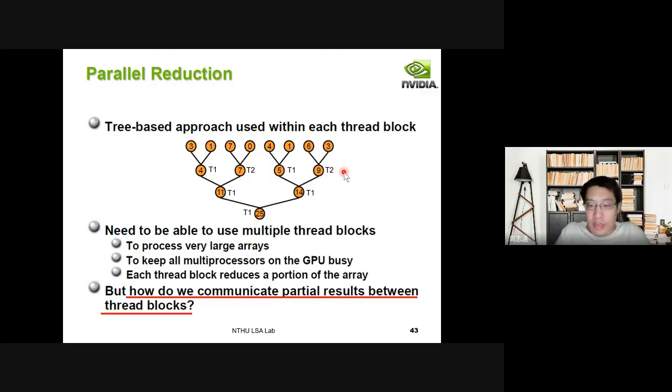And this, unfortunately, may not be possible on GPU when the threads are spread across different thread blocks. Because remember, we said that between thread blocks, there is absolutely no synchronization mechanism supported by the GPU, because we want to make sure every thread block can perform independently.